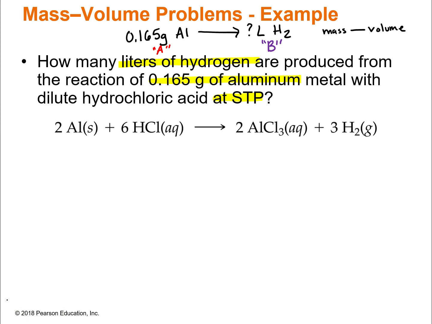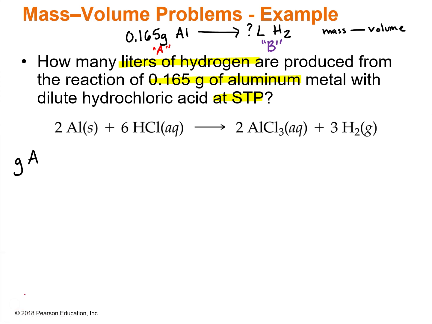Here's your generic solve it for mass to volume. And I'm stressing it's starting with mass because if we start with volume, it's a different one. Okay? And we're going to go over those too. But right now we're focusing on mass to volume. Here's the generic one that needs to be in your notebook.